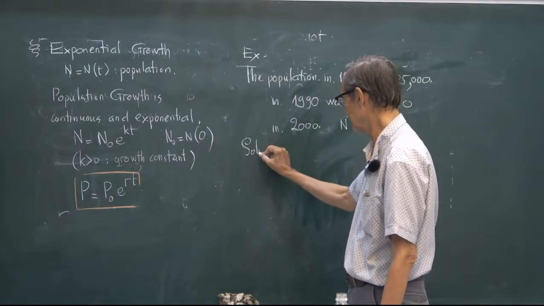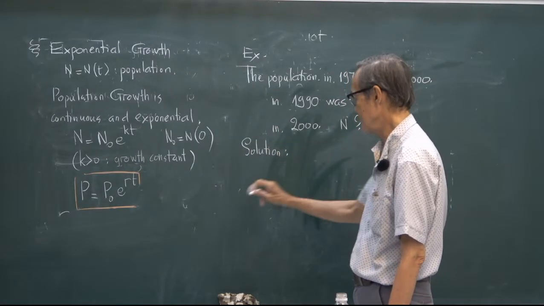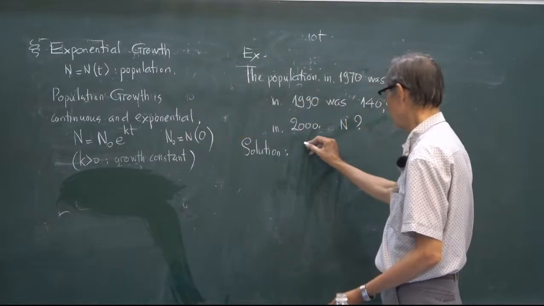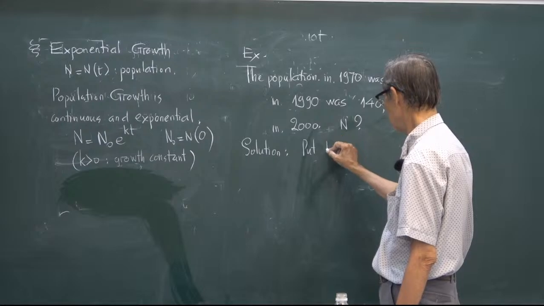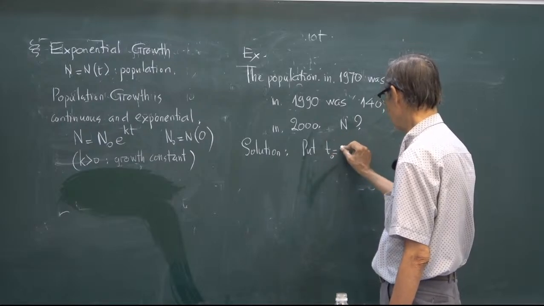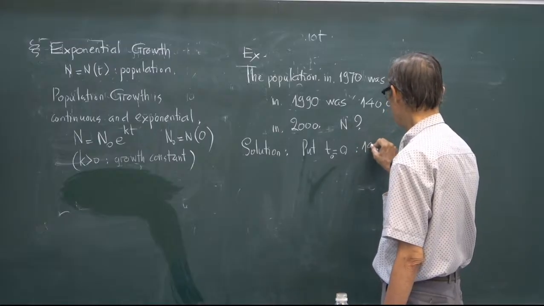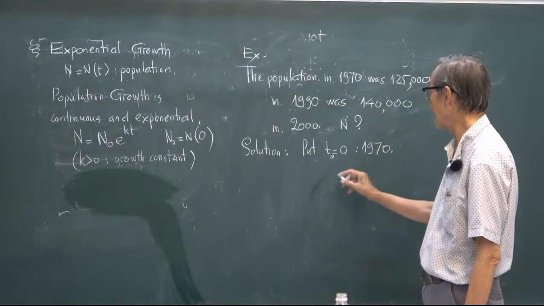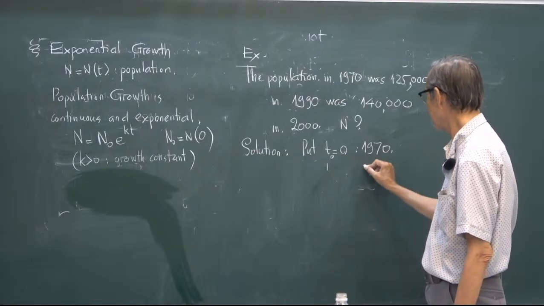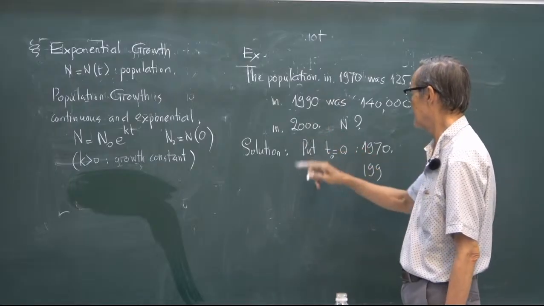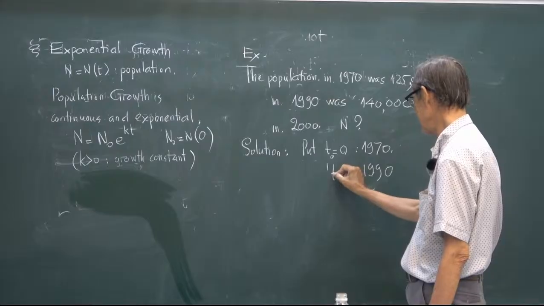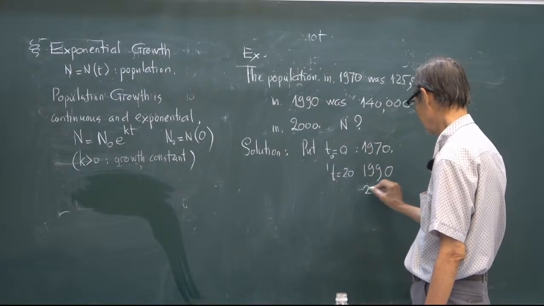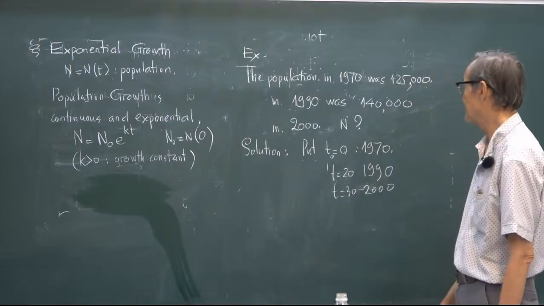Solution. Use this formula here. We put t equals 0 as 1970, and we have 1990, t equals 20, and 2000, t equals 30.